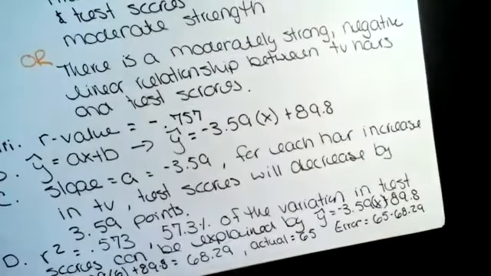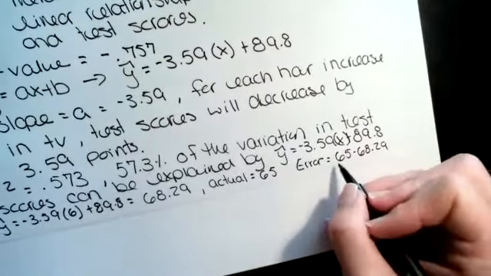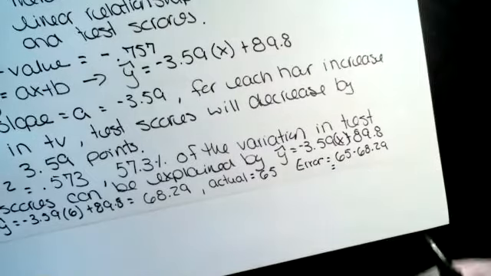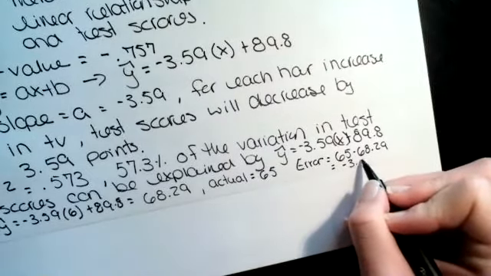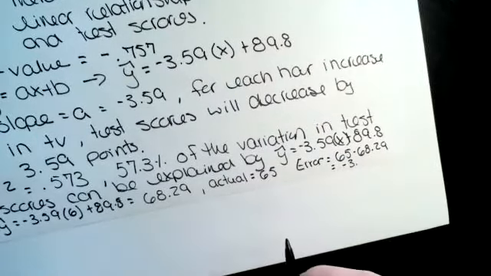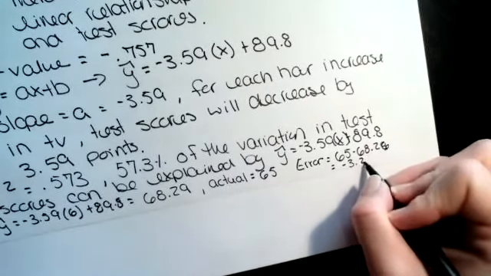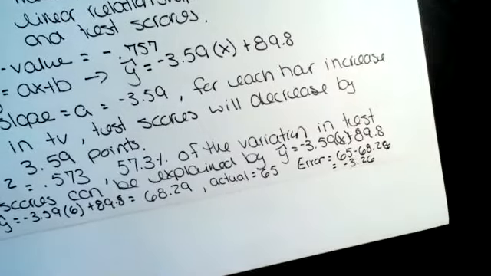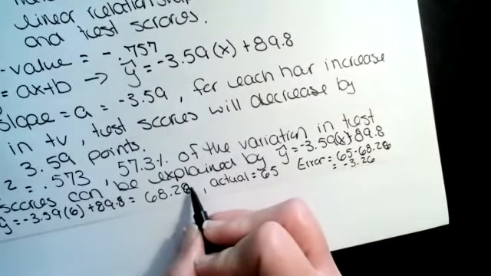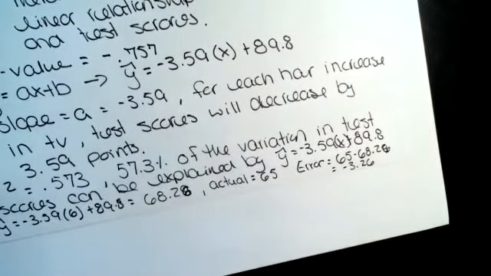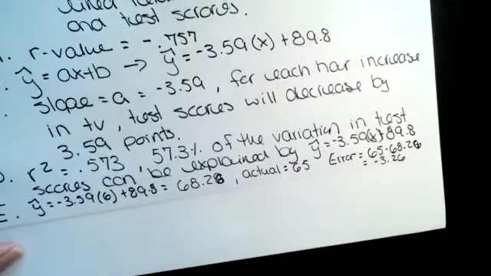It just tells me how far my line is off for that particular value. I wrote 2.6 and 2.9, I think it's 2.6, so it's negative 2.6. I apologize for that. Okay, so that's what we're looking at for part E.